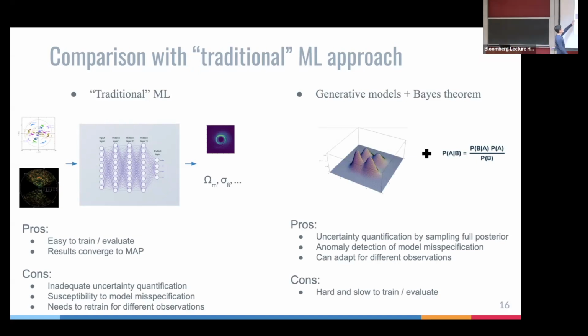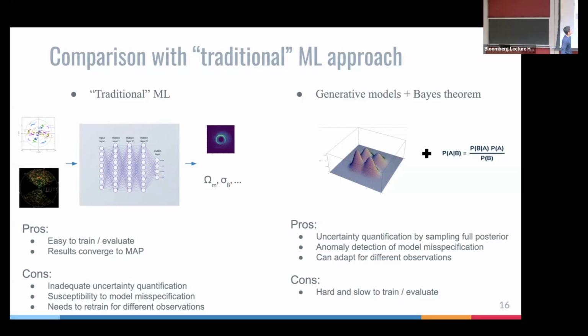With the supervised way, it's very easy to train, and you can prove the result will converge to the MAP using certain loss functions. But of course, with this approach, you don't really get uncertainty quantification. Also, when your simulation is wrong, you sometimes get biased results. And you need to retrain it when you have a new data point, which is not very convenient.